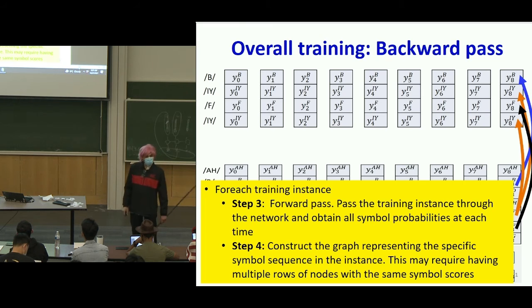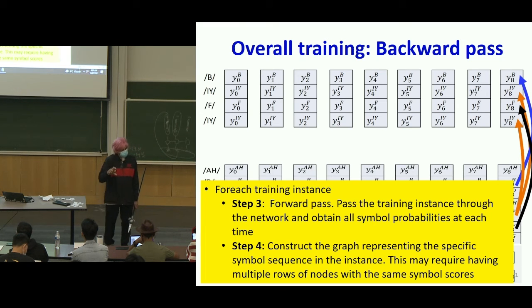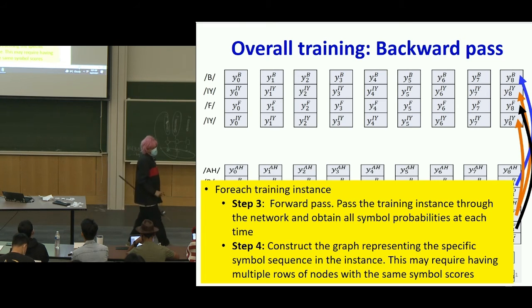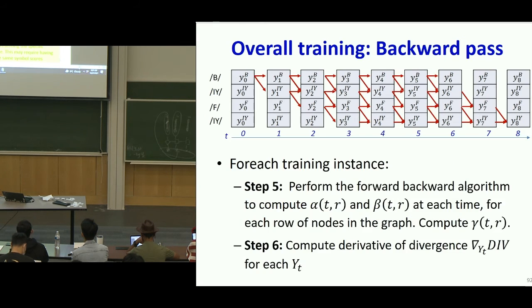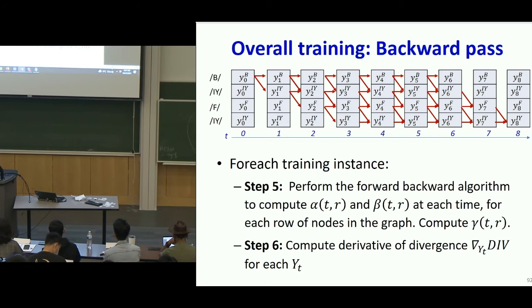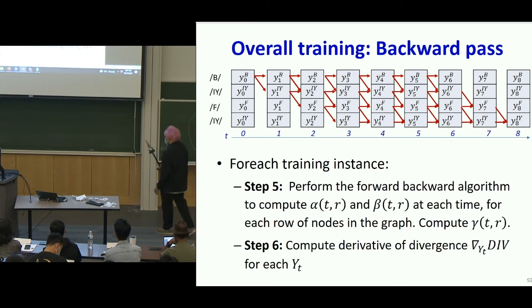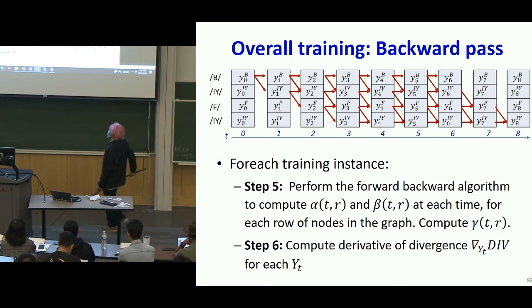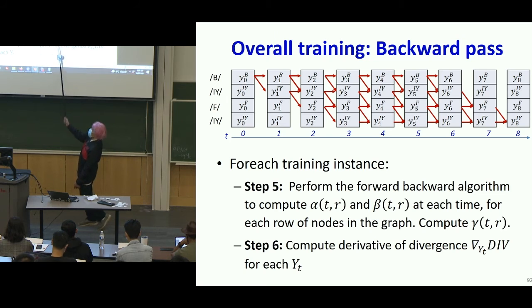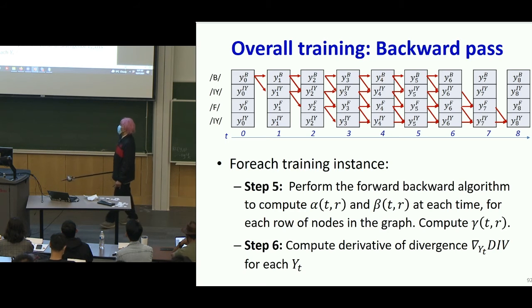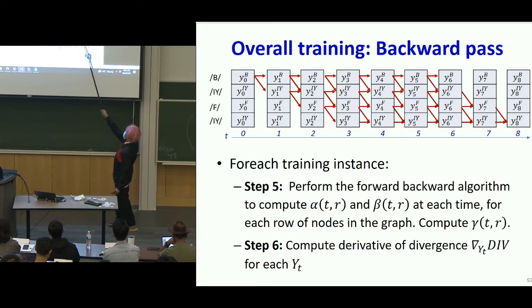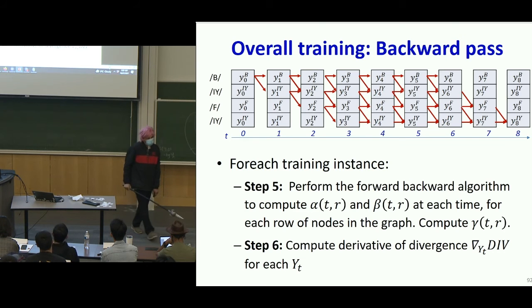Then you generate the reduced table, the graph, representing the symbol sequence for that training instance. Then you perform the forward algorithm and the backward algorithm to compute alpha and beta for every node in the graph. And from those, you can compute the gamma terms, as we just saw.